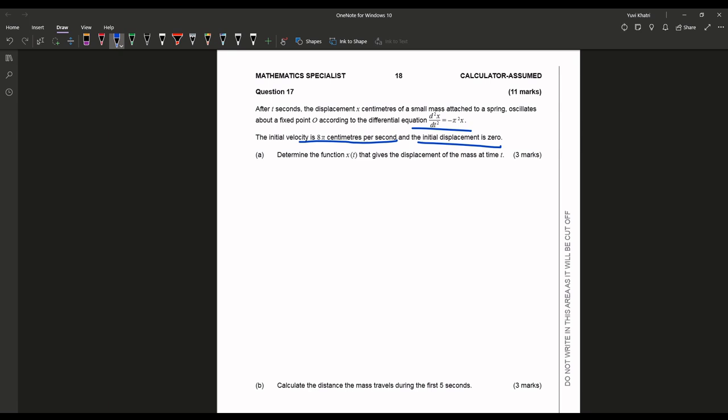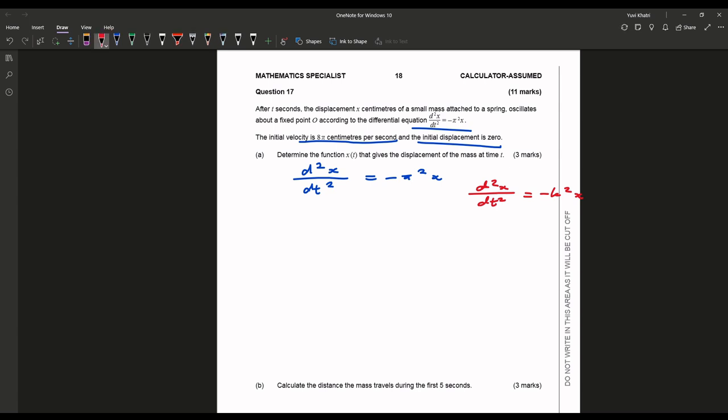Okay, so we're given this differential equation where x is the displacement and its double derivative is the acceleration. You'll notice that that's in the form d squared x over dt squared equals negative k squared x, where k is π, of course.